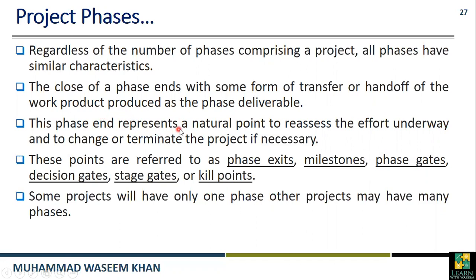This phase end represents a natural point to reassess the effort underway and change or terminate the project if necessary. These points are referred to as phase exits, milestones, phase gates, decision gates, stage gates, or kill points.